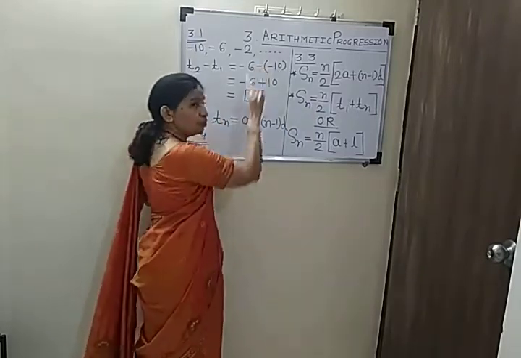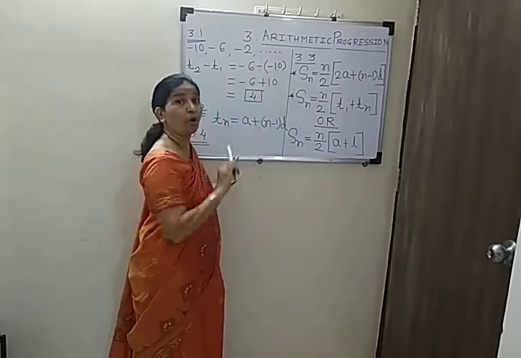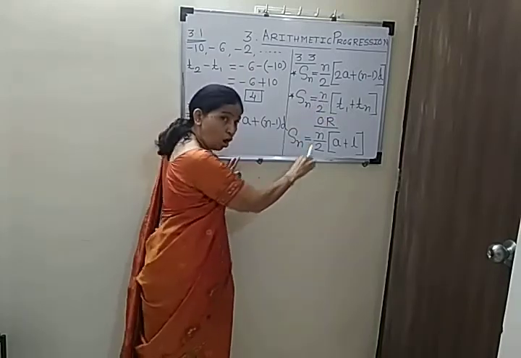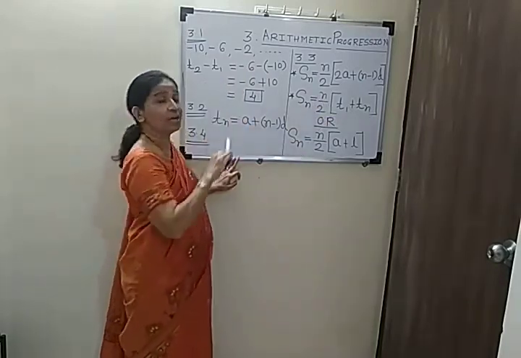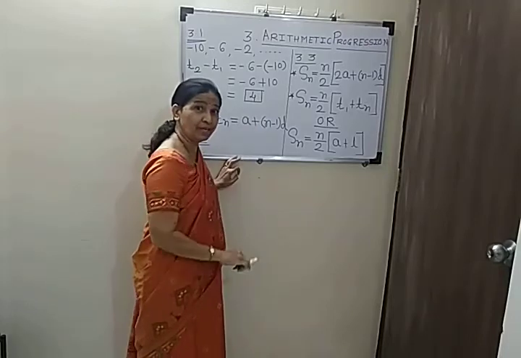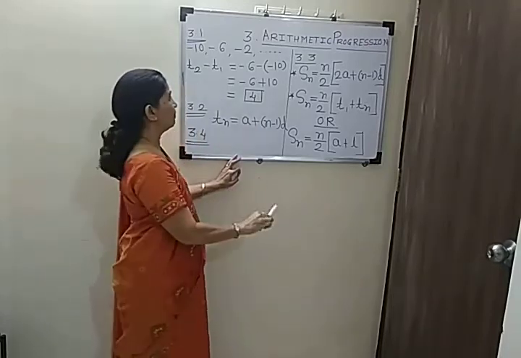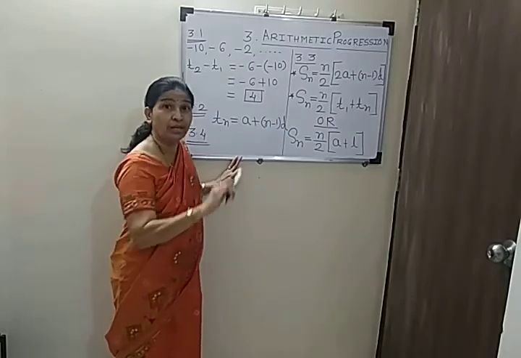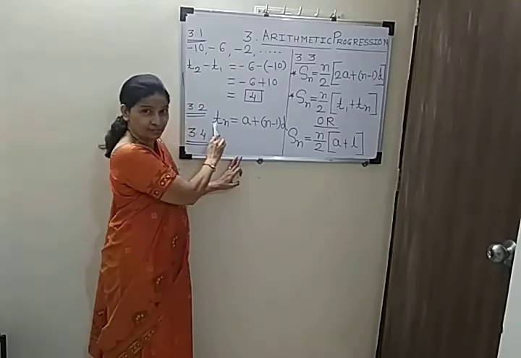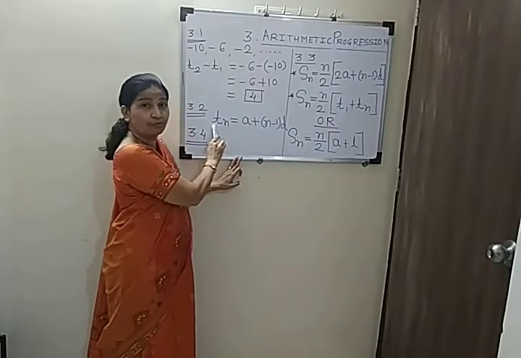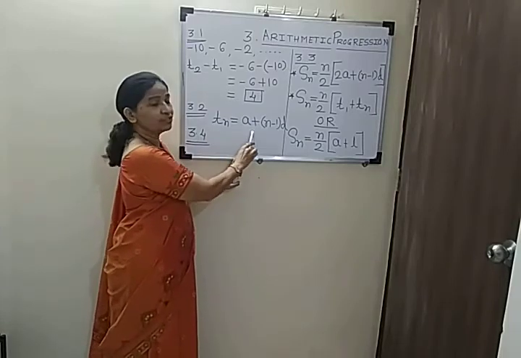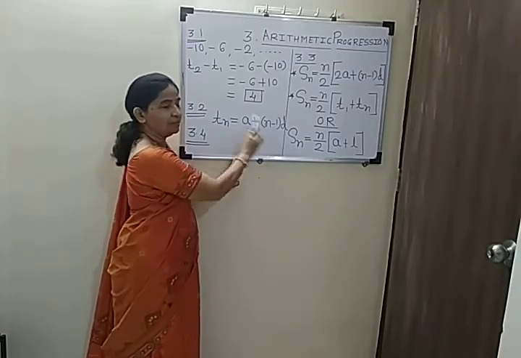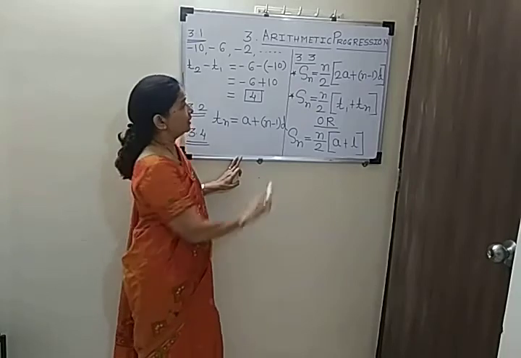If you are observing the chapter properly, the whole chapter depends on three formulas only. First one is Tn is equal to A plus n minus 1 into d.